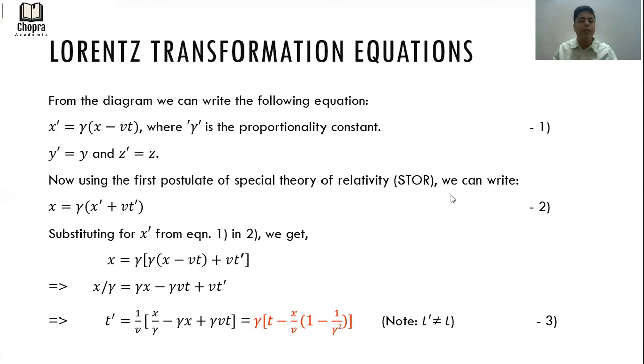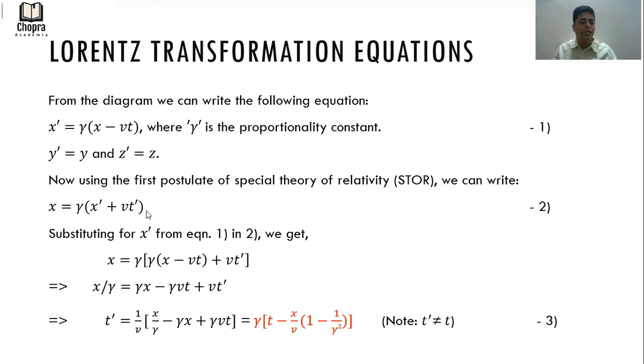Here I have an unprimed quantity; this is the measurement done with respect to frame S. So x dash gets converted to x, and I can write the entire equation as x equal to gamma times x dash plus v t dash. Here v has been replaced with minus v, and t has been replaced with t dash. This is from the first postulate. Now substituting for x dash from equation 1 into equation 2.